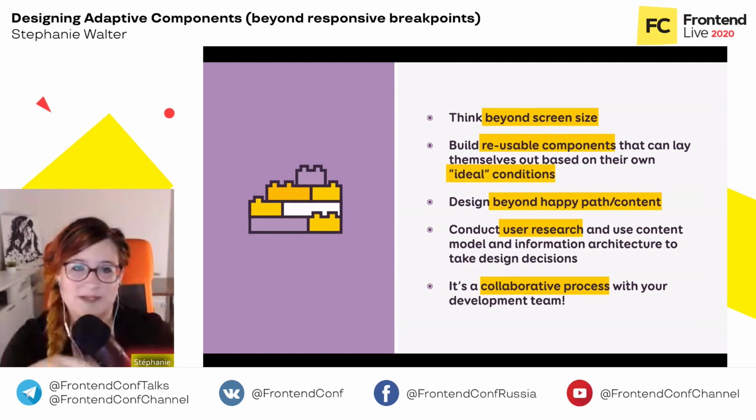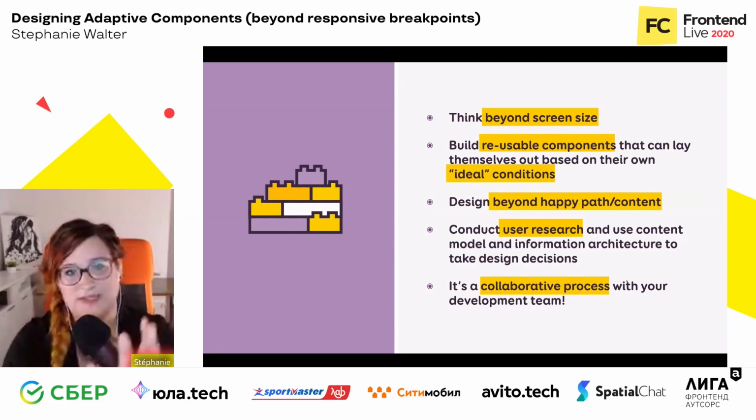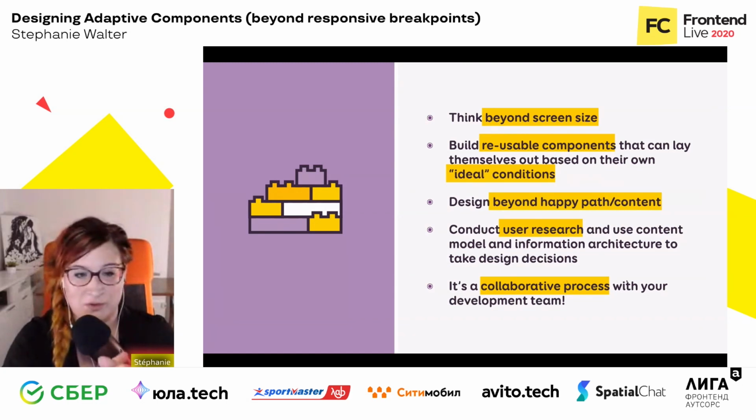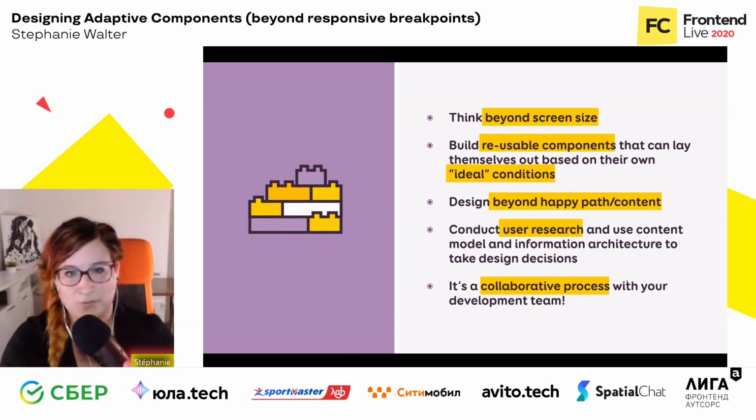Where do we place the content based on the different screen sizes, on the different container size, on the parent size, things like that. And in the end, it's a collaborative process with your development team. So there's a lot of communication involved today, if you want to build truly adaptive components that will be able to adapt to all of that.